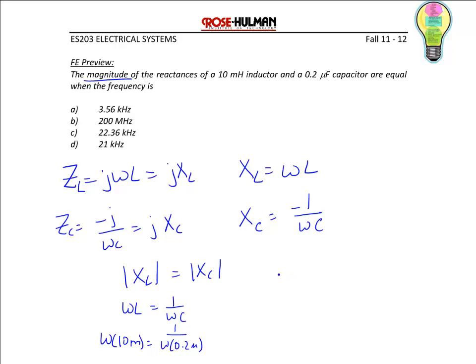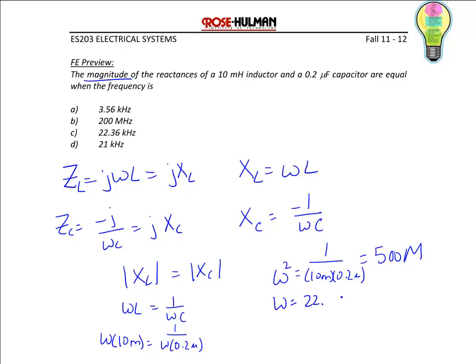If we solve this, omega squared would be equal to 1 over 10 milli times 0.2 micro, which is 500 meg.